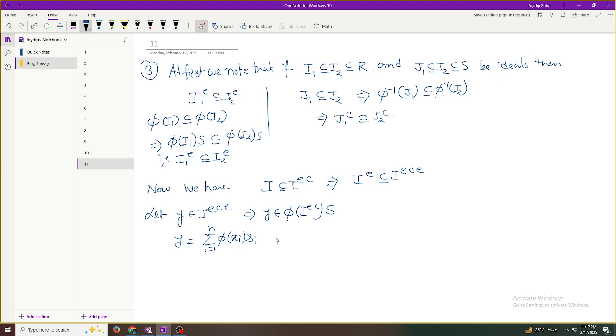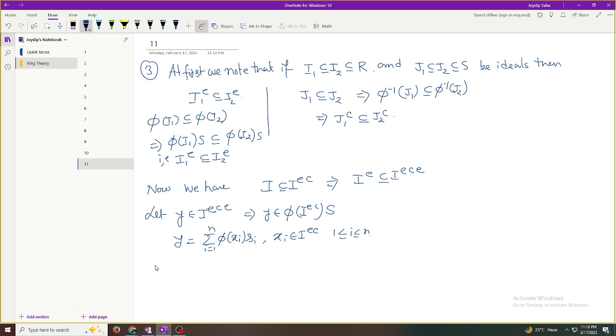What is xi? It is in I extension contraction, 1 less than or equal to i less than or equal to n. So xi belongs to I extension contraction.